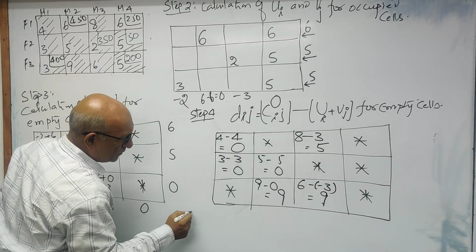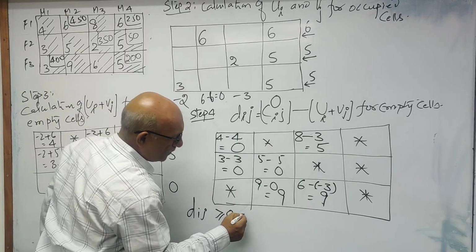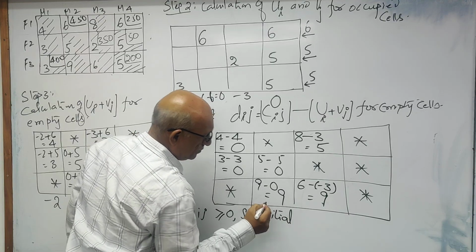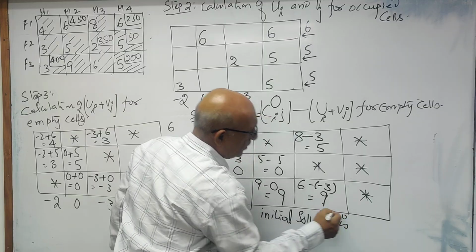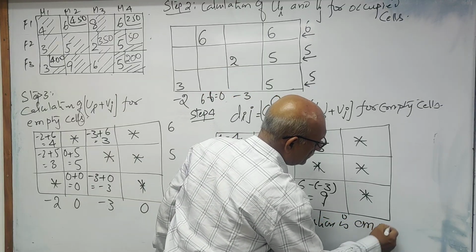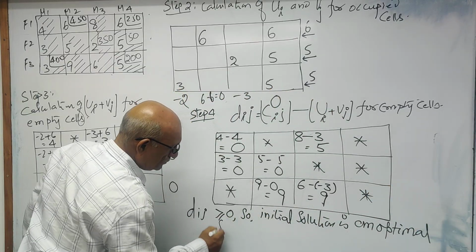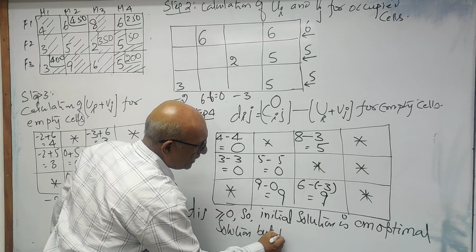Dij values are greater than or equal to 0. So initial solution is an optimal solution. But not unique.